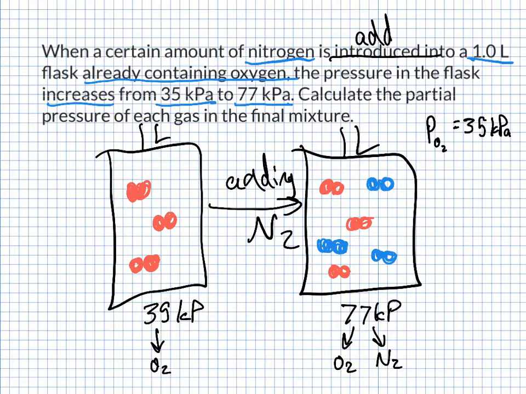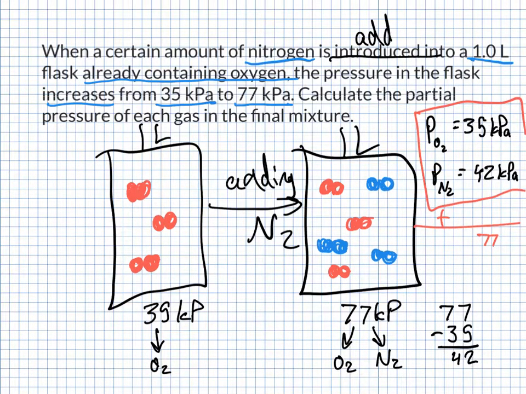So the nitrogen has to be the 77, the new pressure, minus the 35, which was the original pressure, and that gives you 42. So the pressure of the nitrogen had to be 42 kilopascals. And just to double check yourself, if you add those two together, you're going to get 77, which is what it said was in the final mixture. But my answers are right there.